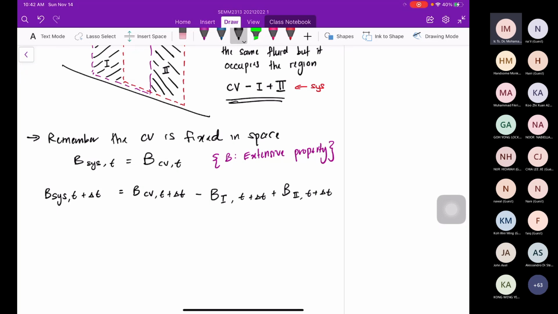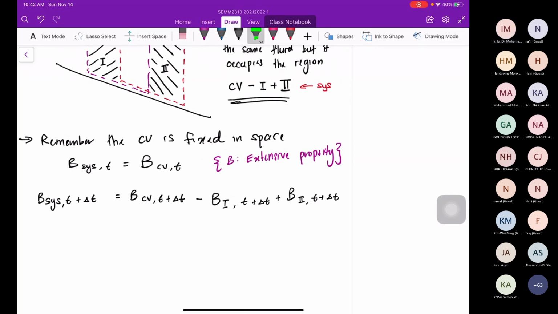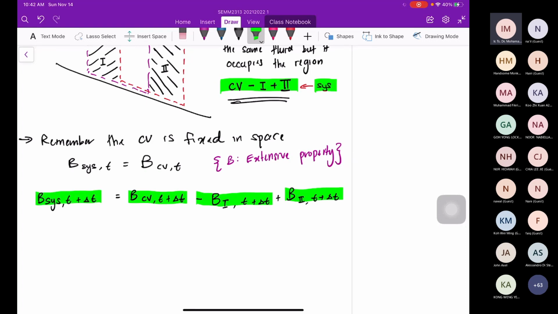Where do I get this? From here. You can see this is CV, this is negative region 1, and this is plus region 2. This is for the system. I hope you understand. This is the extensive property after t plus delta t.